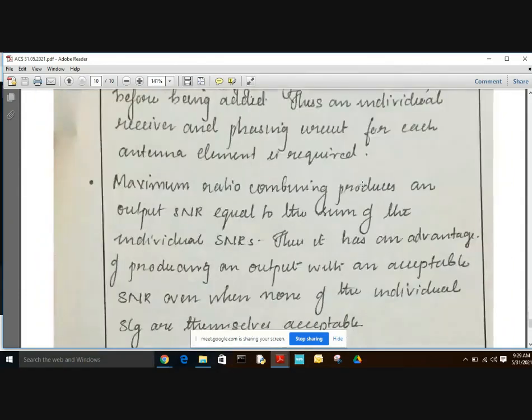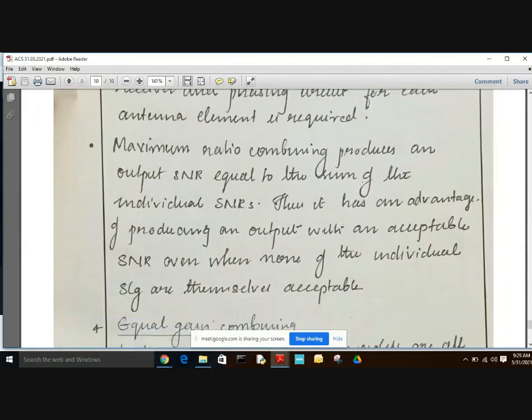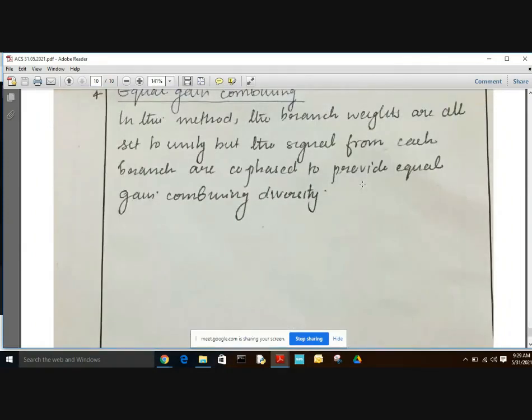And in equal gain combining, instead of looking at the signal to noise ratio, we apply a unity weight to all the branches. In this method, the branch weights are all set to unity, but the signal from each branch is first co-phased to provide equal gain combining diversity.